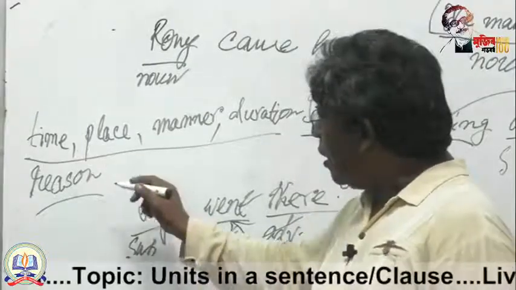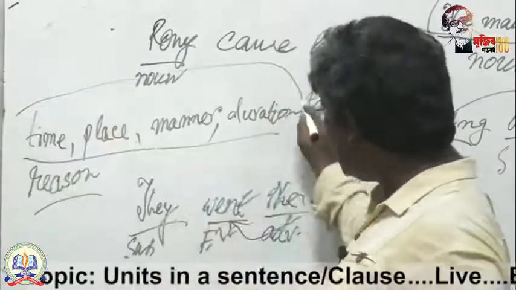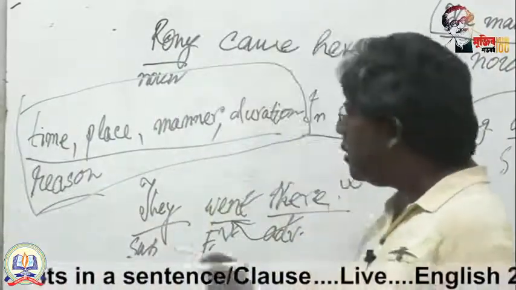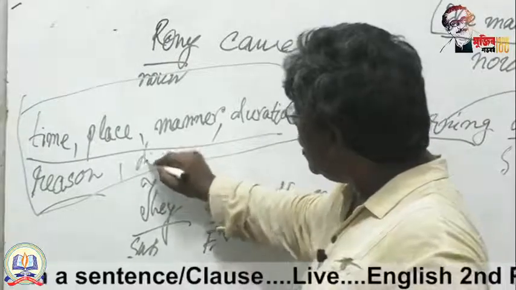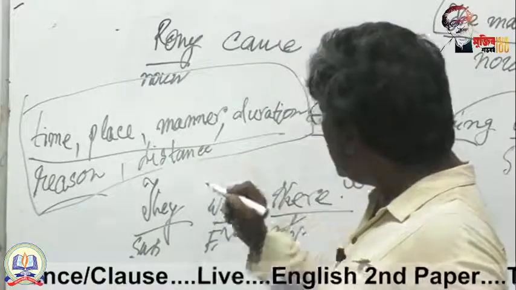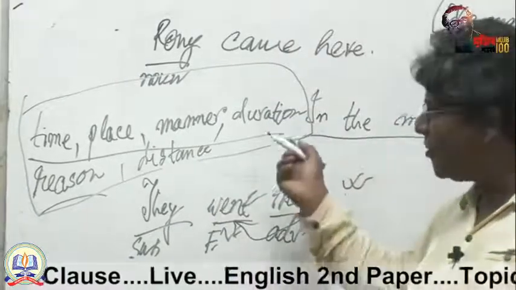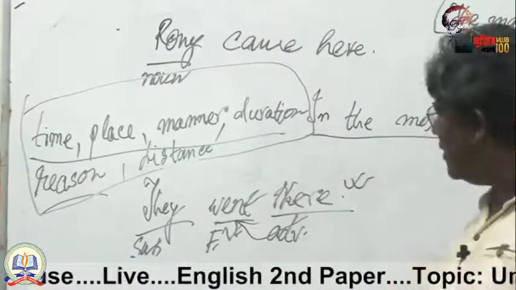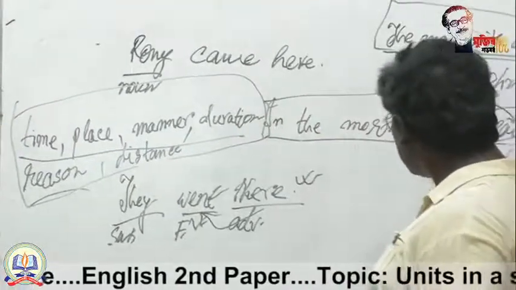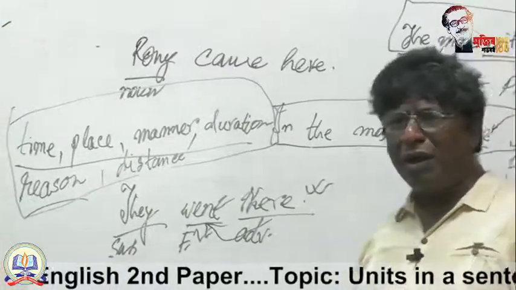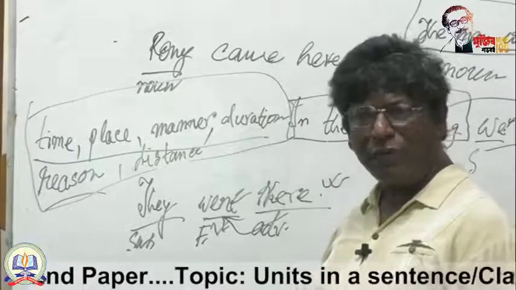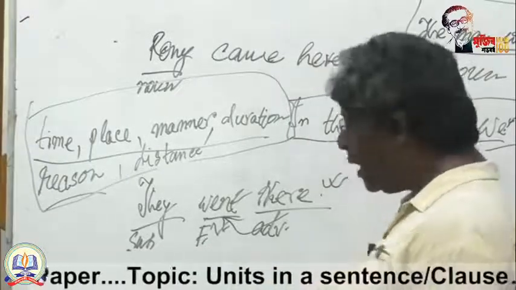So, adverbs determine the time, place, manner, duration, distance also. He walked for 2 miles. These six ideas about the verb are expressed in adverbs and adverbial phrases in the sentences.